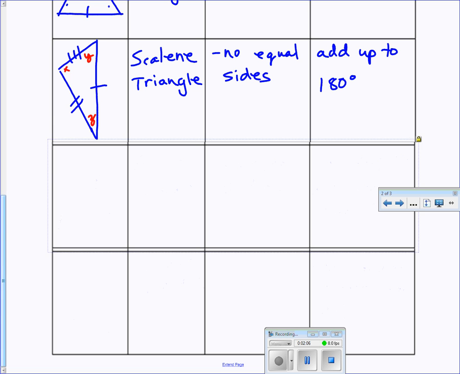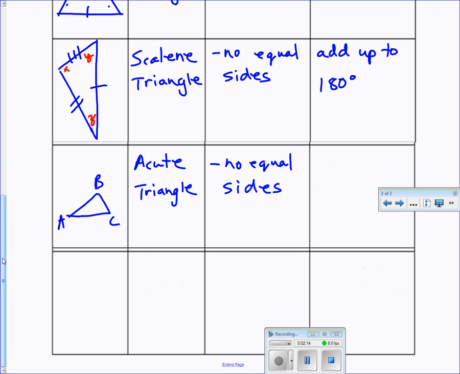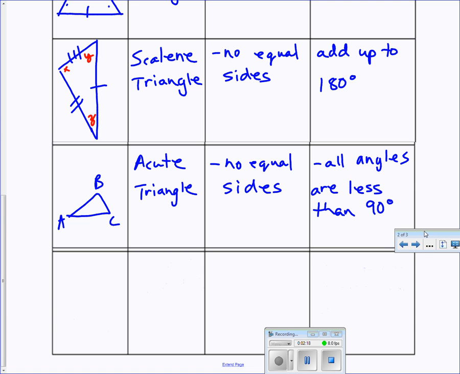Now, the next type of triangle that we're looking at is what we call an acute triangle. The acute triangle basically has no equal sides, but all of the angles are less than 90. The last triangle we're looking at is an obtuse triangle.